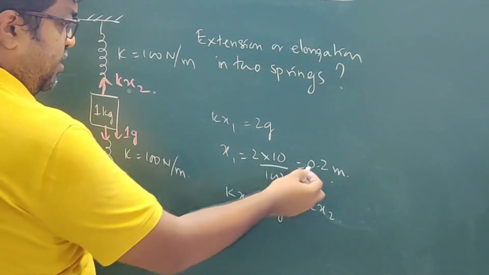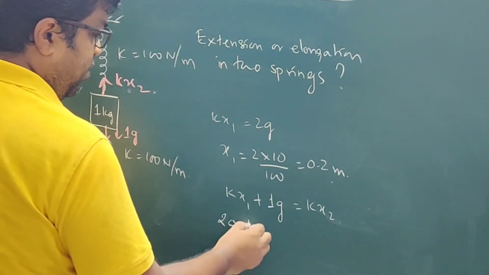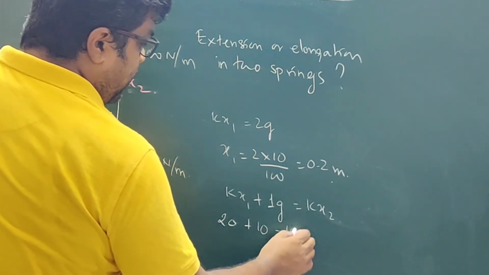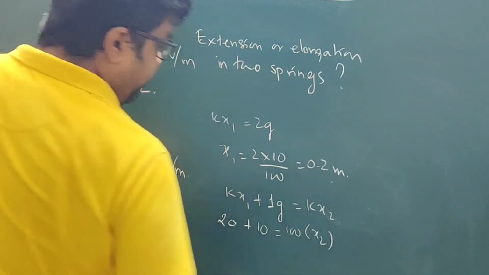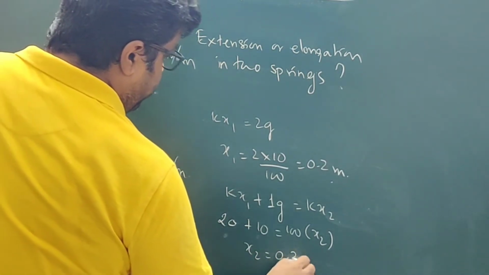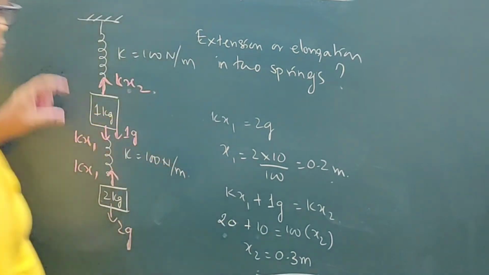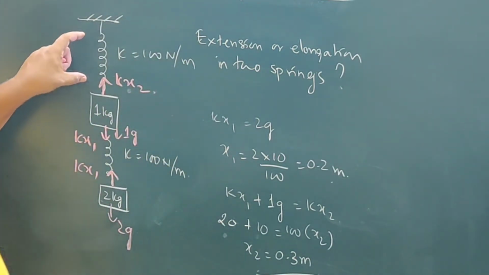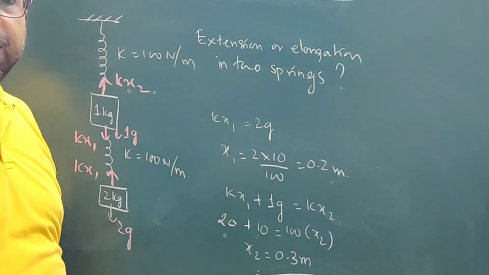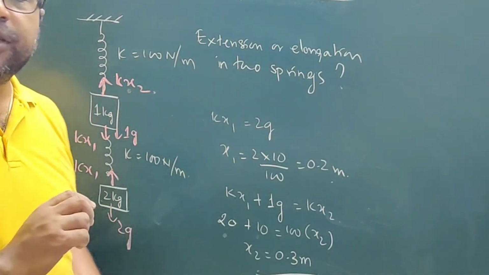So k is 100. So that is 20 plus 1g, that is 10, is equal to 100 into x2. So this is 30. That means x2 is equal to 0.3 meter. So elongation on this spring will be 0.3 meter. Elongation on this spring will be 0.2 meter. Okay, I hope this is clear to you.